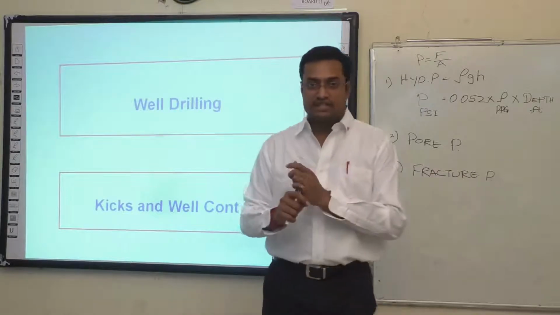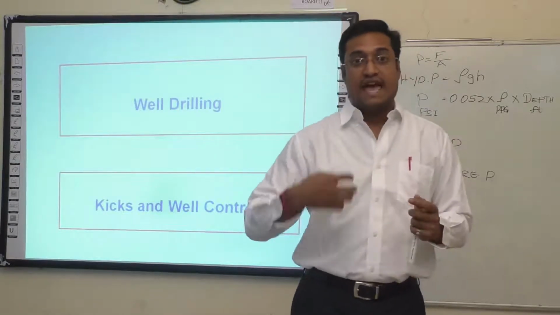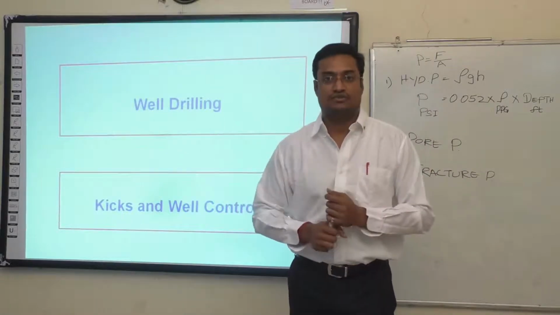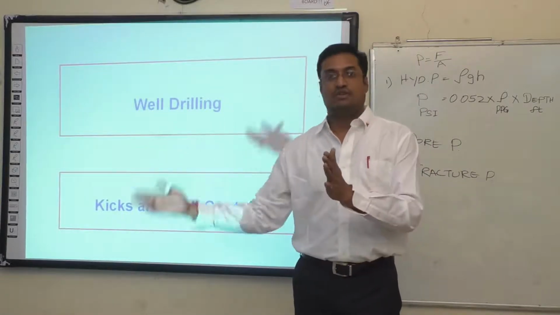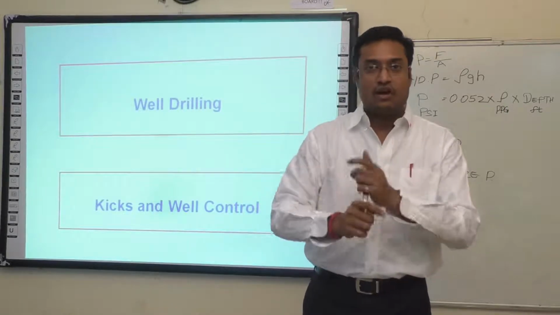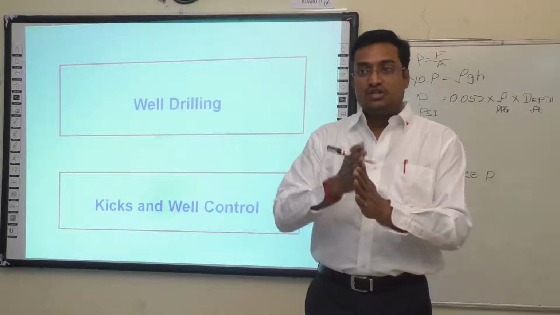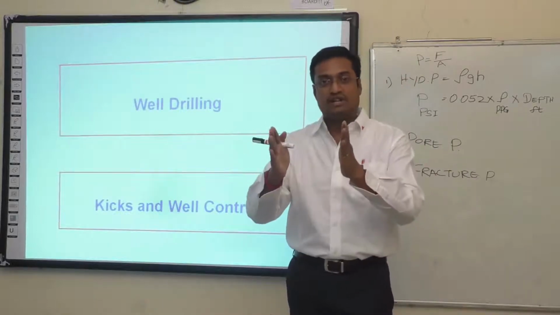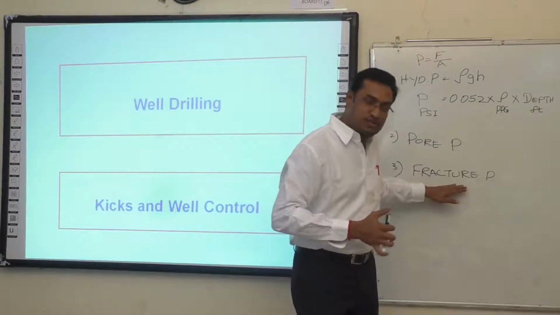So fracture pressure is nothing but the pressure exerted by the external force on that particular rock matrix at that depth, which will crack the formation, which will break the formation. That is fracture pressure.